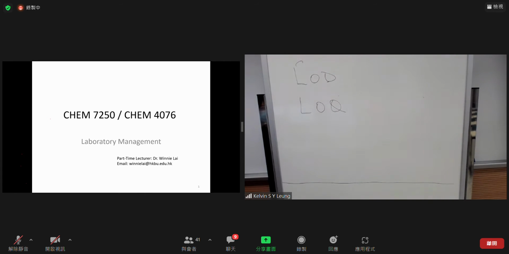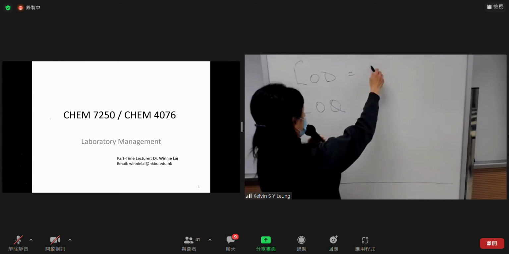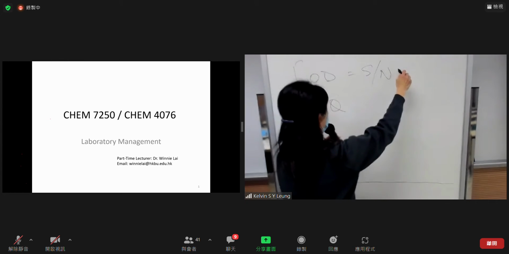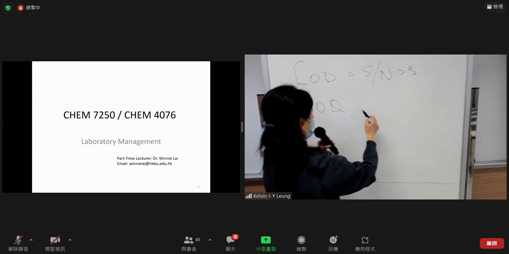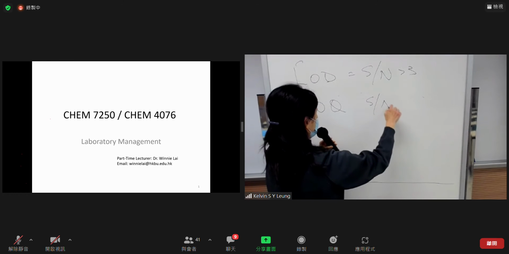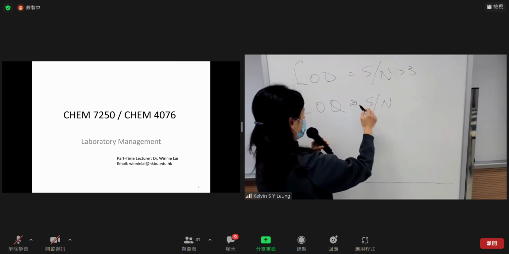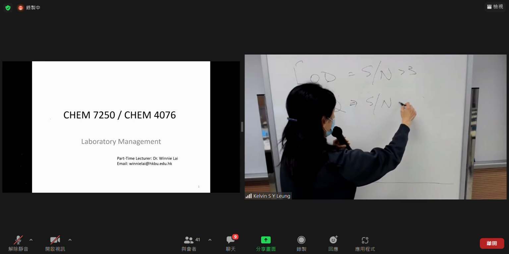Last week we talked about Eurachem. Normally they will choose a signal-to-noise ratio greater than 3 for the LOD, whereas the signal-to-noise ratio for the LOQ will be greater than 10.